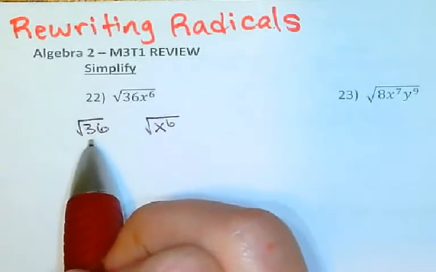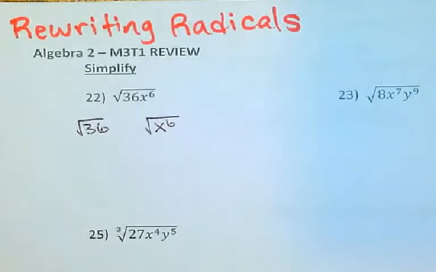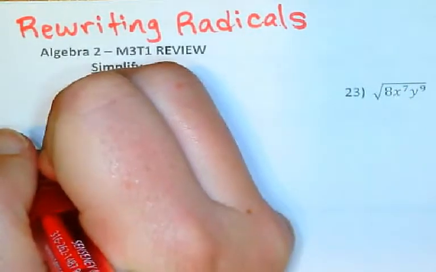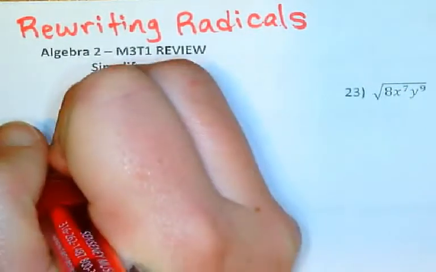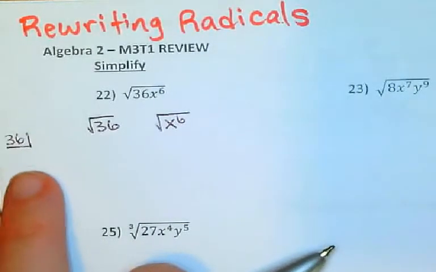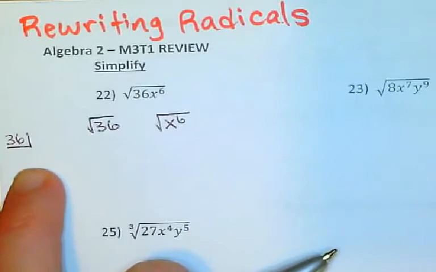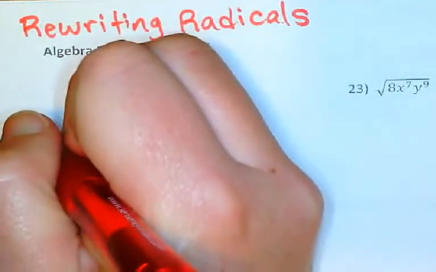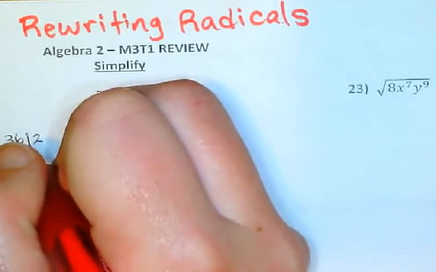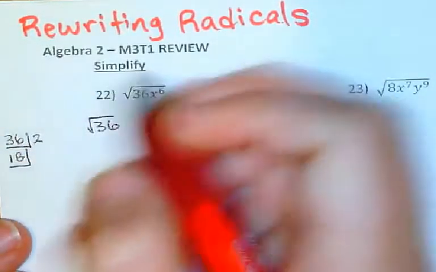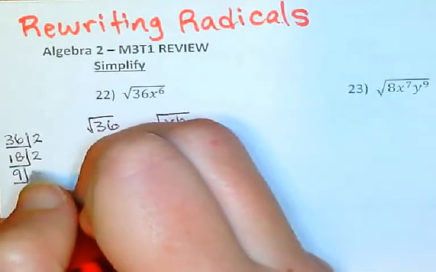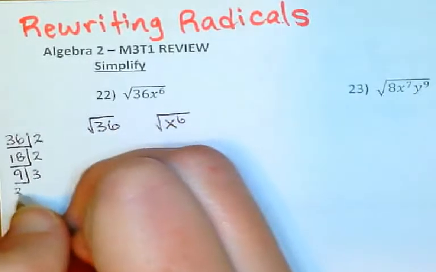Now, we'll start with the number. Square root of 36. Do we know what that is? Yeah, we know that it's 6. If you weren't sure about that, you can always break it down by putting 36 in a box. There's other methods as well, but we've focused on the upside down cake method in class. A prime number that goes into 36 is 2. 2 goes into 36 18 times. 2 can go into 18 9 times. 3 goes into 9 3 times.